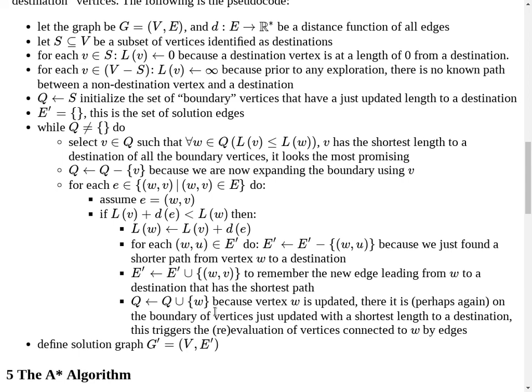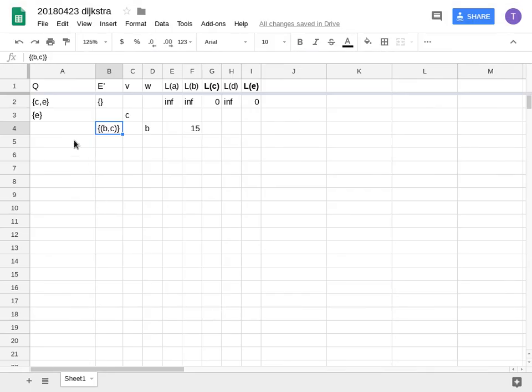And as a result, anything that goes in to vertex B may need an update as well. That is why we are adding vertex B into the frontier set. So now we go into the trace and we just say, oh, okay, Q is now updated. We have B and E in it because we just added vertex B into it.